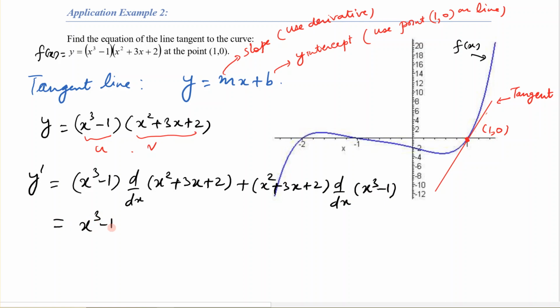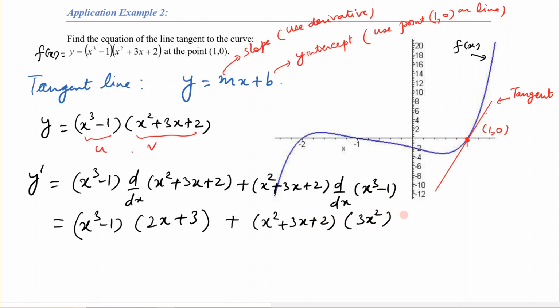The derivative of x squared is 2x, the derivative of 3x is 3, and the derivative of 2 is 0. Similarly, the derivative of x cubed is 3x squared, and the derivative of 1 is 0.